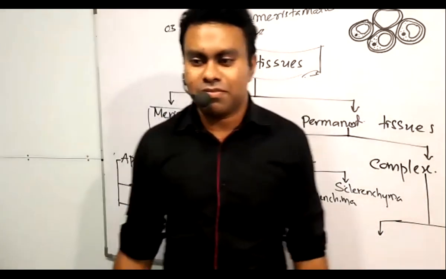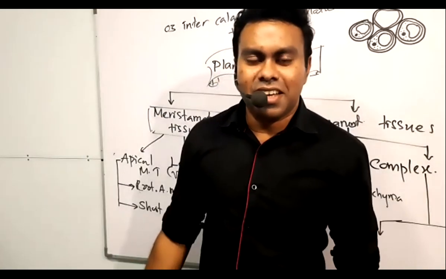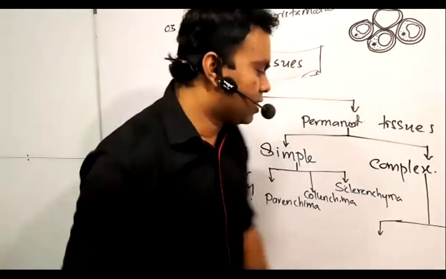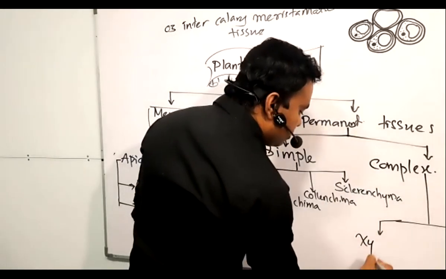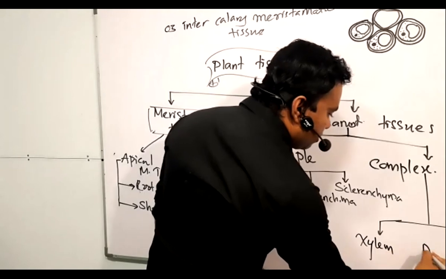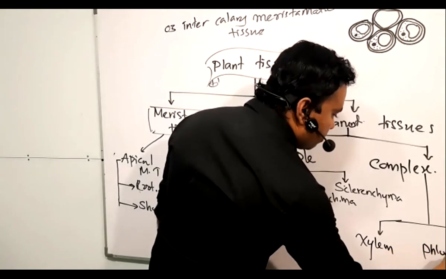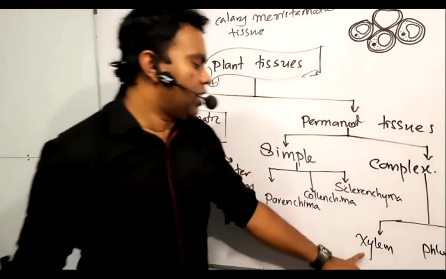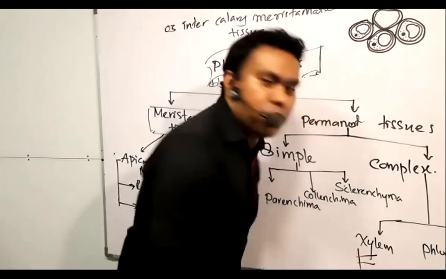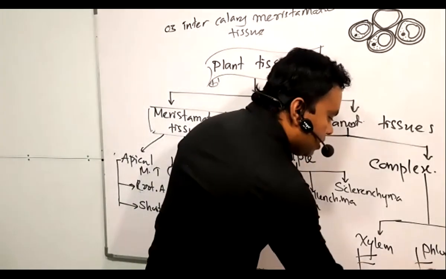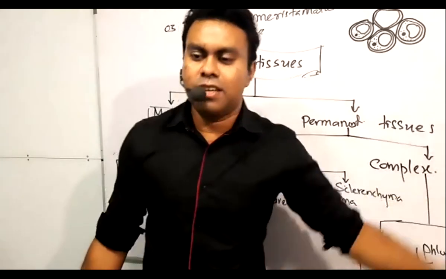You know them: xylem and phloem. So that's xylem, and here phloem. Xylem has four cell types, we'll learn them when we study. Phloem also has 4 cell types.